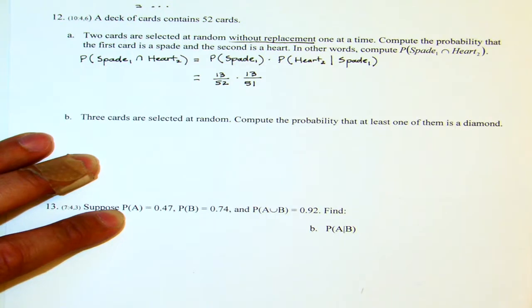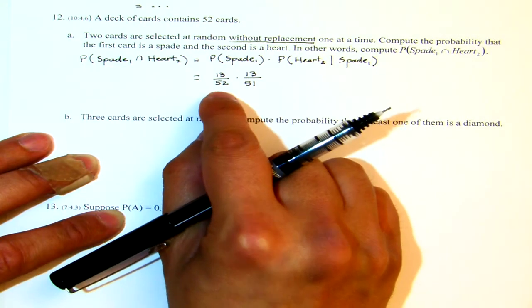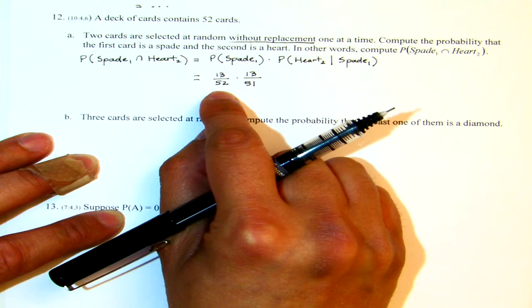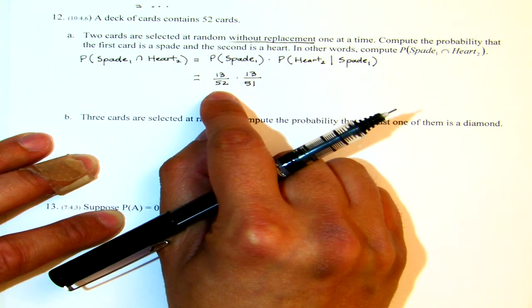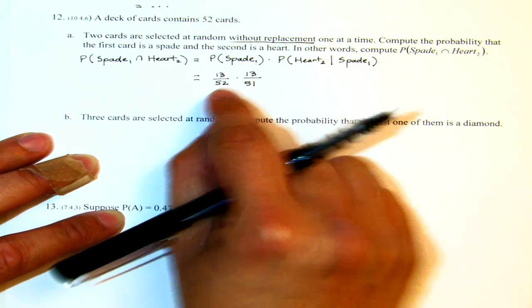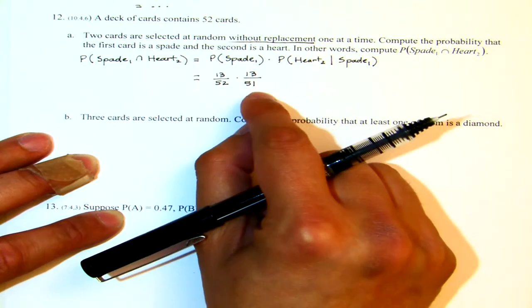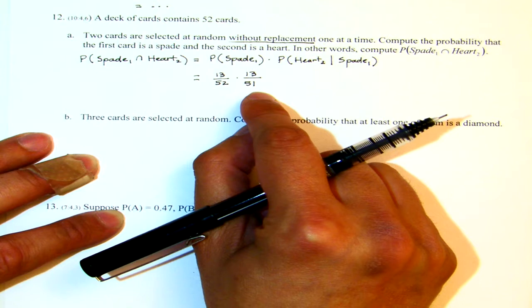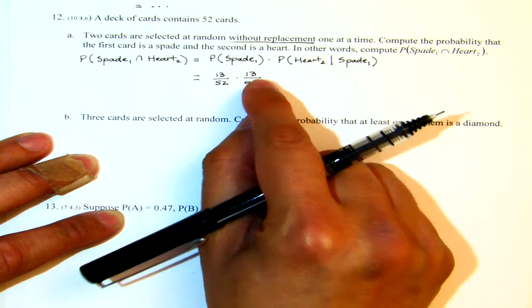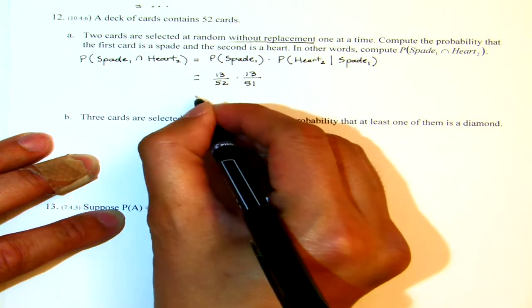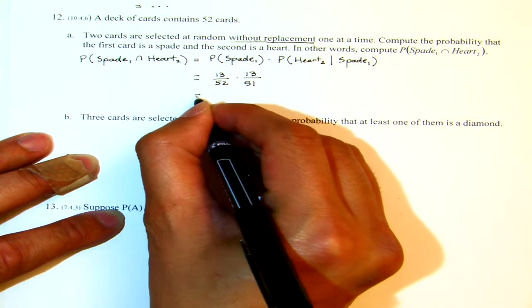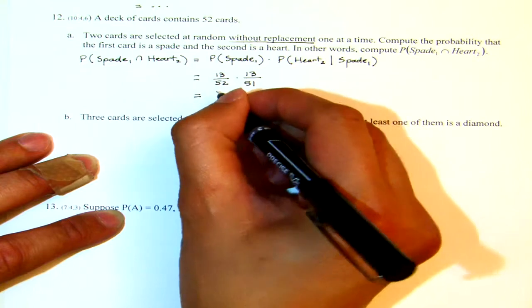Okay, now let's see again. The first card is a spade, the probability is 13 out of 52, and then after you took the first spade card, there are only 51 cards left, right? Now out of those 51 cards, there are 13 heart cards. Now if I want to compute this, I can reduce that first.